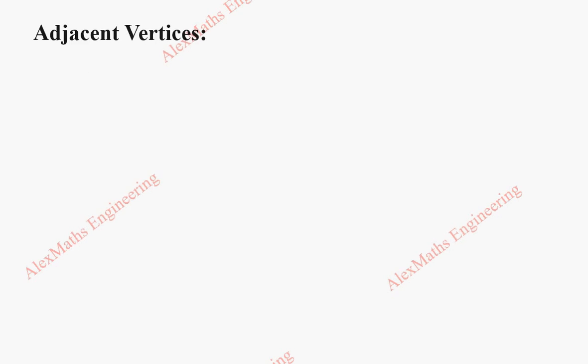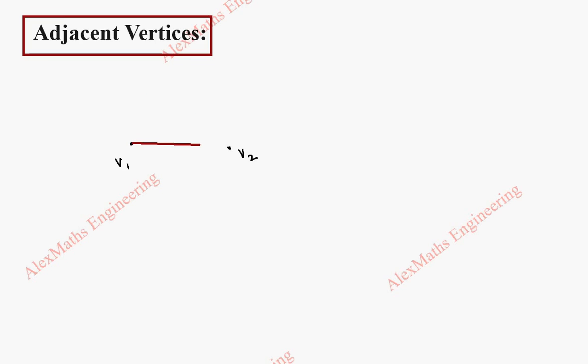Now let's see what is meant by adjacent vertices. The term adjacent vertices is nothing but any pair of vertices which is connected by an edge. For example, if I have vertices V1, V2 and they are connected by an edge, then this pair V1, V2 is known as adjacent vertices.